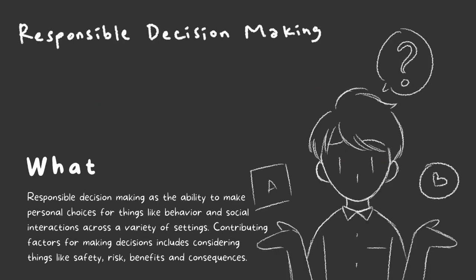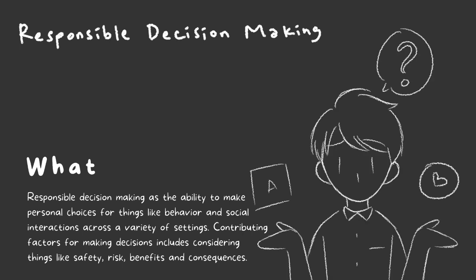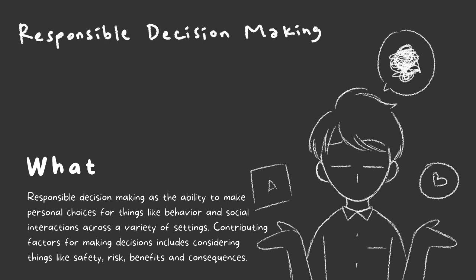Responsible decision making is the ability to make personal choices for things like behavior and social interactions across a variety of settings. Contributing factors for making decisions include considering things like safety, risk, benefits, and consequences.